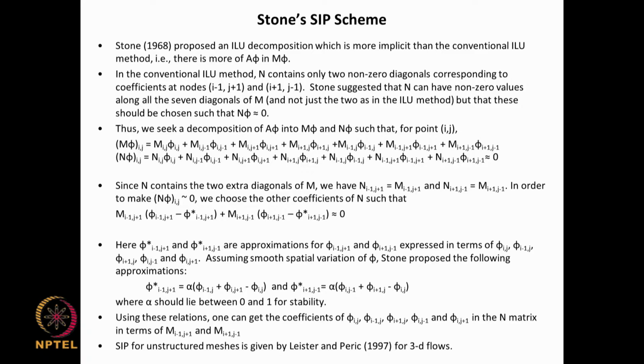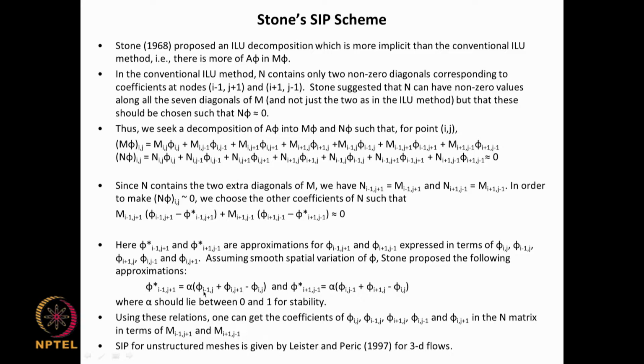We are looking at phi of x, y, okay, and if phi varies smoothly, as the solution of a Poisson equation or a Laplace equation might exhibit, in such a case it is possible to make an estimate for phi at i minus 1, j plus 1 in terms of neighboring values.